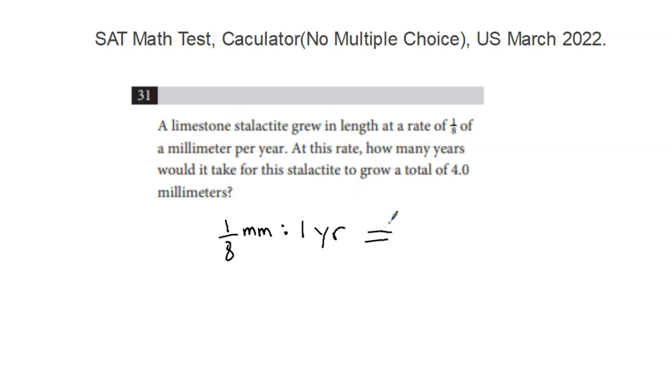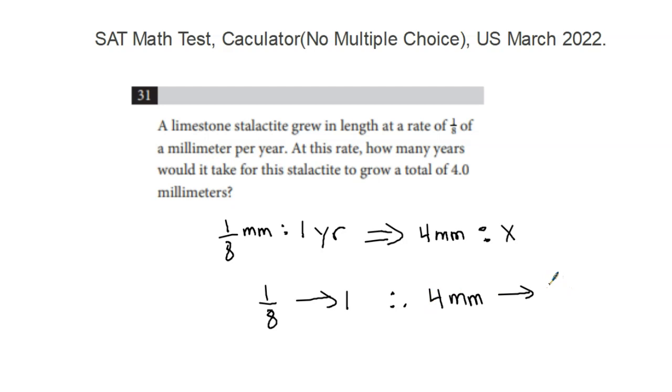1/8 millimeter corresponds to 1 year, as 4 millimeters is to x. We don't know the x years, so you can set it up like that. Therefore, 4 millimeters will be more, so let's divide.